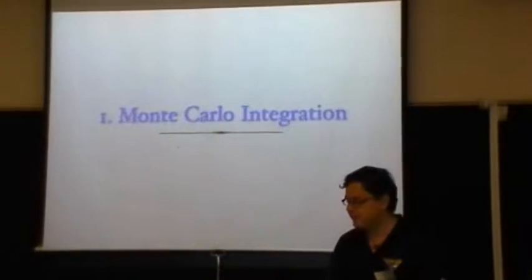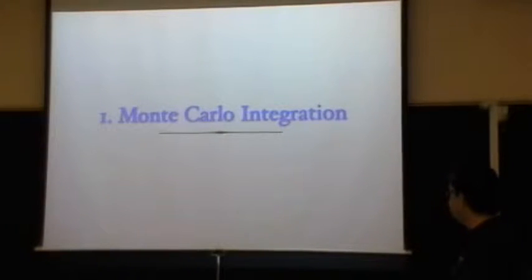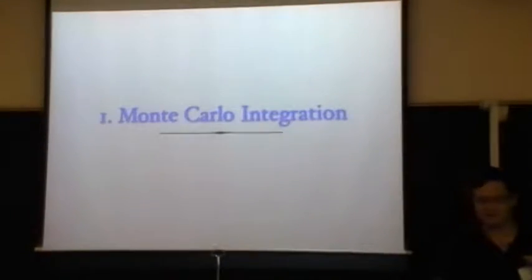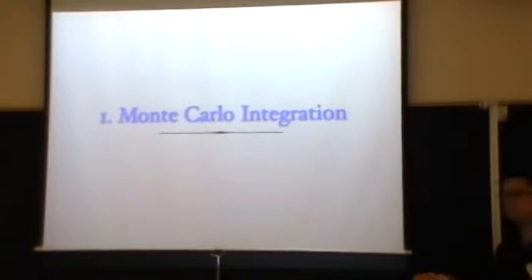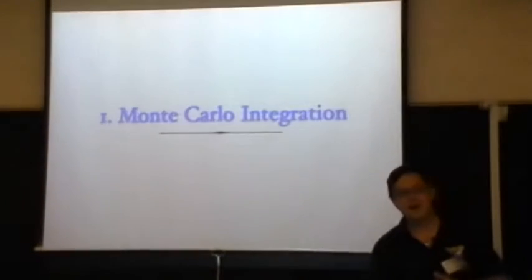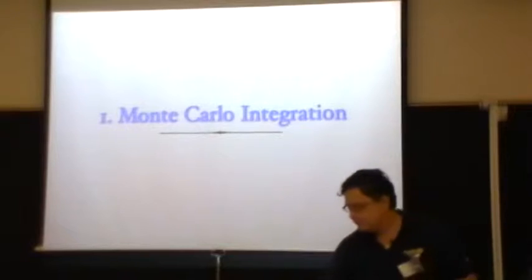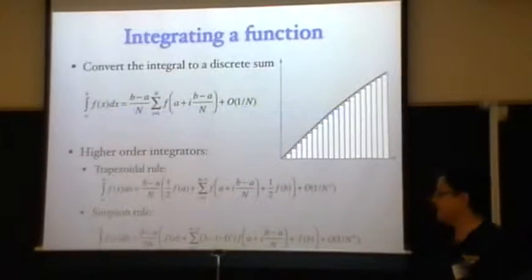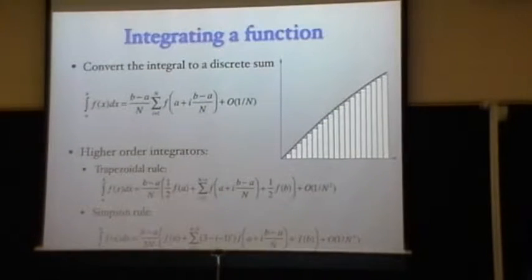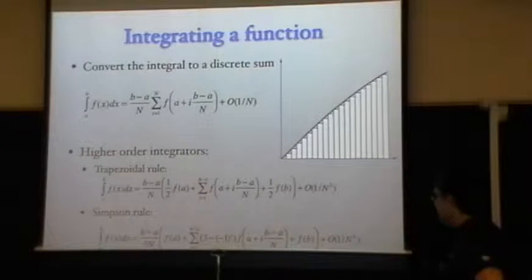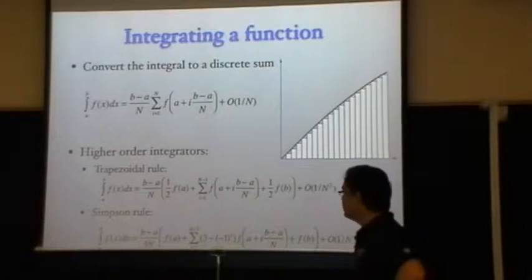So the first topic will be the quantum Monte Carlo, but before we go to quantum, I want to mention what is Monte Carlo integration. And to start, let's start from integrating functions using a simple rule, like the rectangles, the trapezoid rule, or the Simpson's rule.